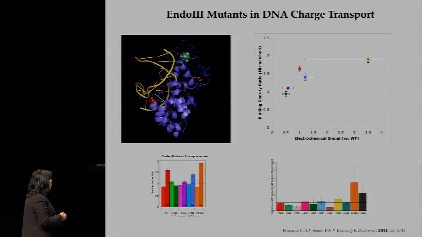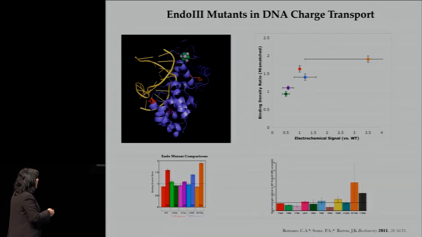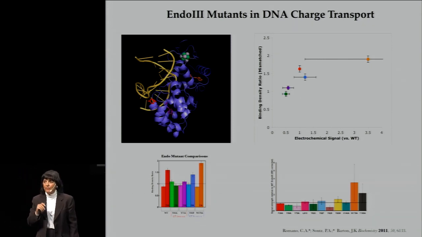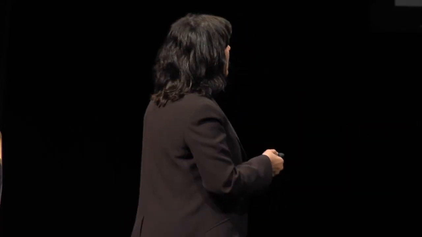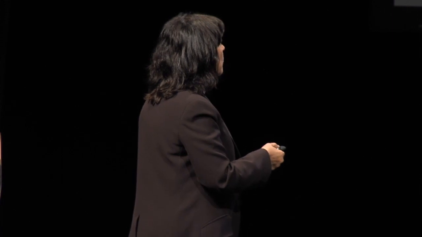And what we saw was there was a higher binding density ratio, a higher percent on the mismatched strand, if you had a higher electrochemical signal, if you were better at doing electron transfer. And if you couldn't do the electron transfer, then the binding density ratio was 1:1. Couldn't distinguish the mismatched strand from the other strand. And remember, we're talking about one mismatch in 3,800 base pairs.